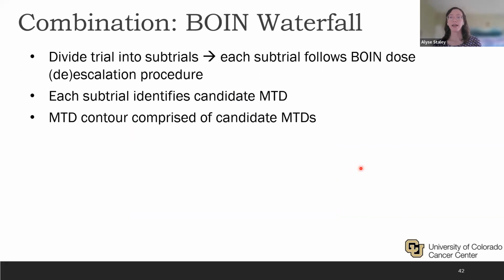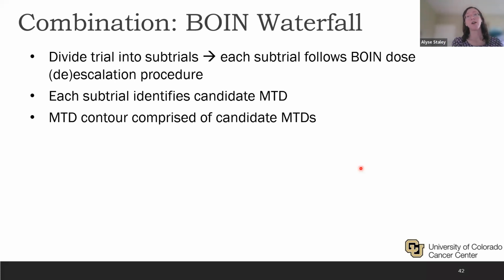And so to identify the MTD contour, we can use the extension of BOIN called the BOIN Waterfall design. This divides the optimization problem into subtrials, where each subtrial can be thought of as its own BOIN design problem.